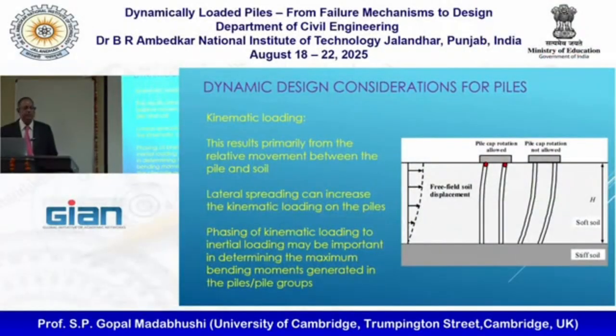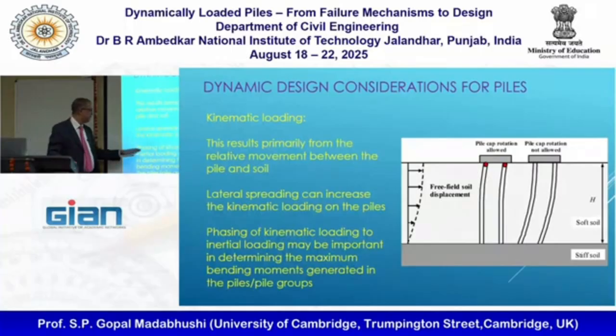Another point, this is quite important, is will the inertial load and the kinematic load happen at the same time or not? And this is what we mean by phasing. So it is possible that the earthquake comes and it shakes. So at that time, I have my inertial loading. But the earthquake shaking causes the soil to go walking down the slope.